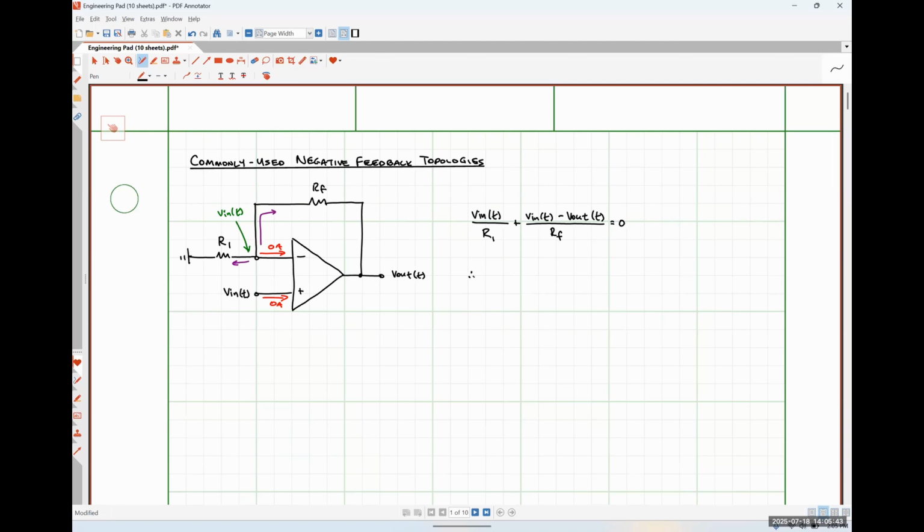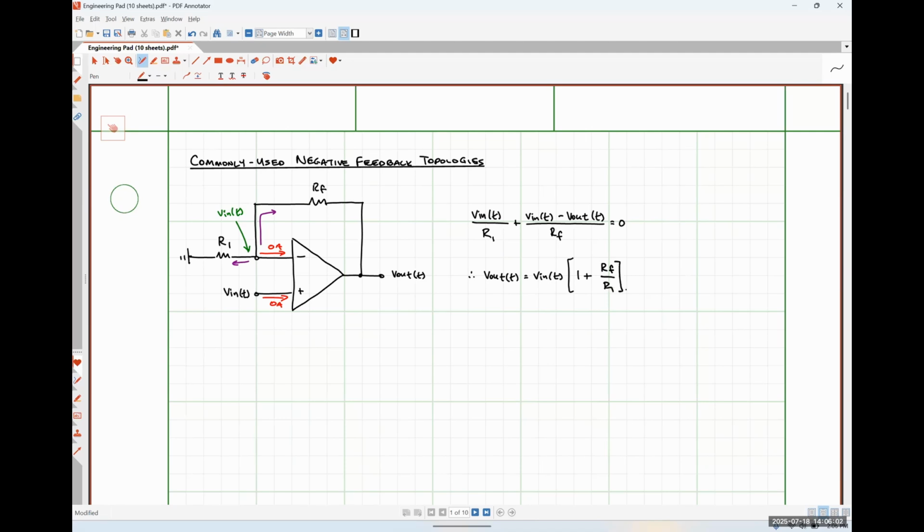And we could algebraically rearrange this, and what we would find is that our output voltage is simply our input voltage multiplied by a factor of 1 plus RF over R1.